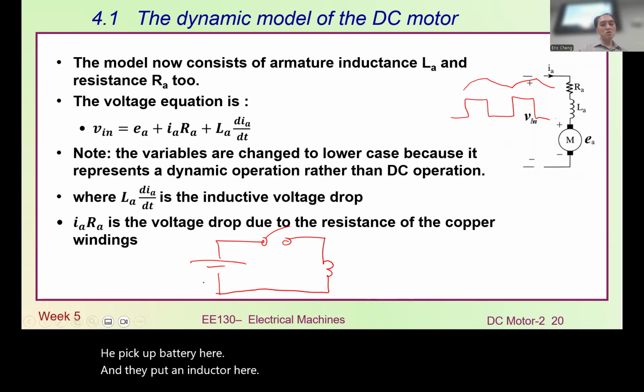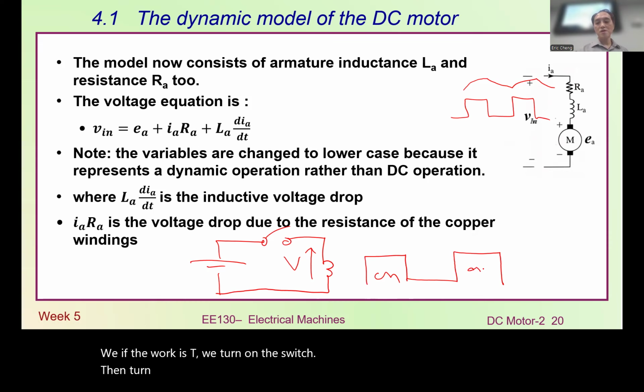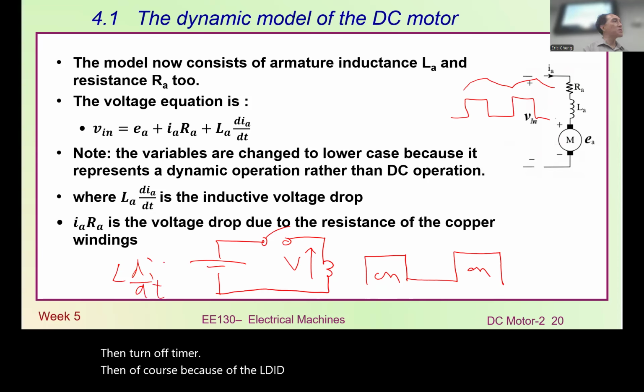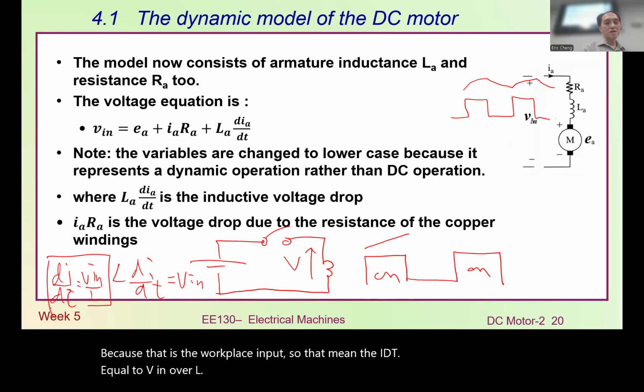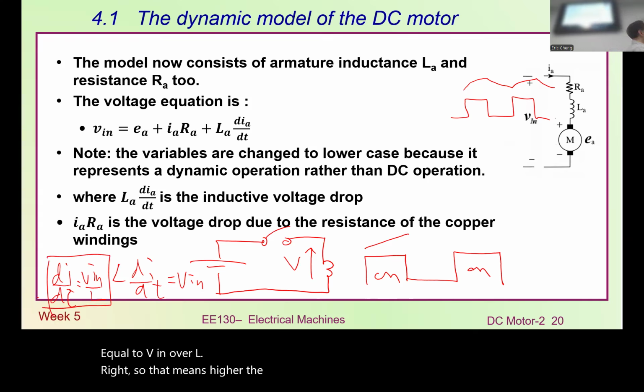If we turn on the switch, then turn off, then turn on, then of course, because of L di/dt, the current is going to increase, because that is the input voltage. So di/dt equals Vin over L. That means the higher the voltage, the quicker the current increases. It increases linearly.